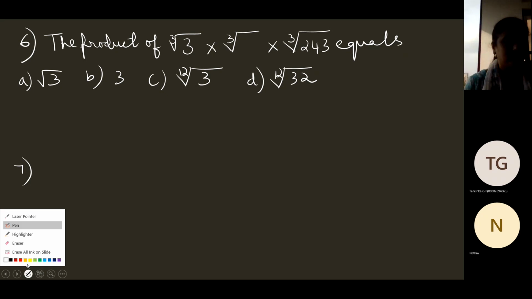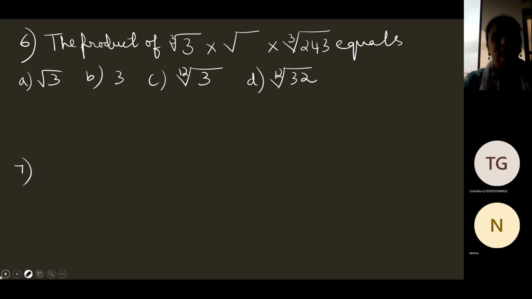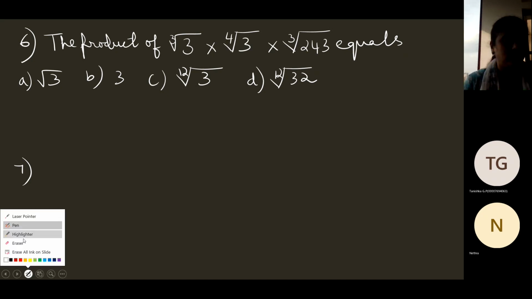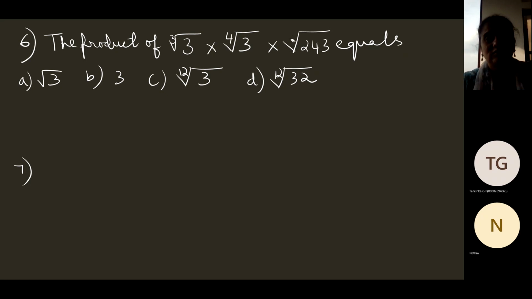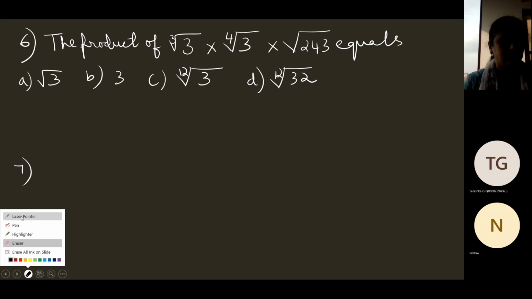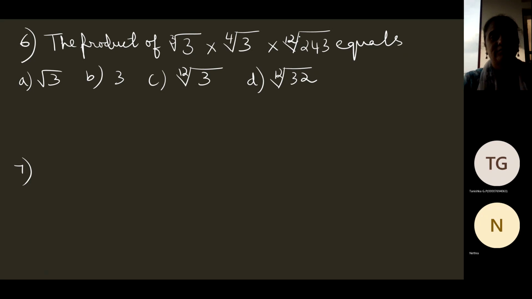This is cube root of 3 into fourth root of 3 into 12th root of 243.